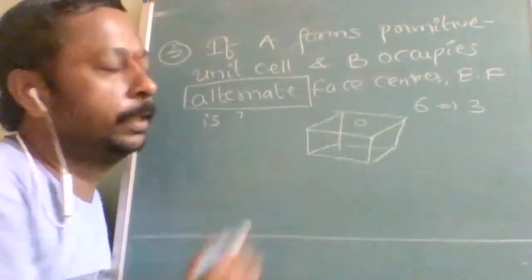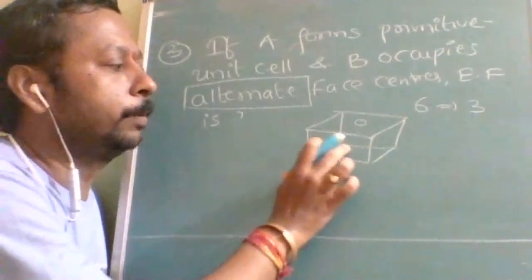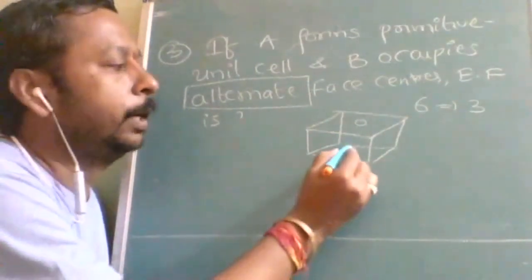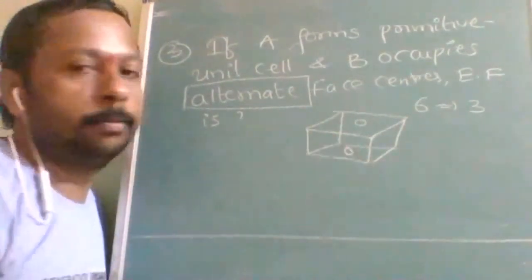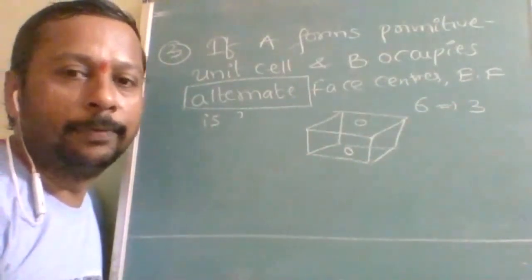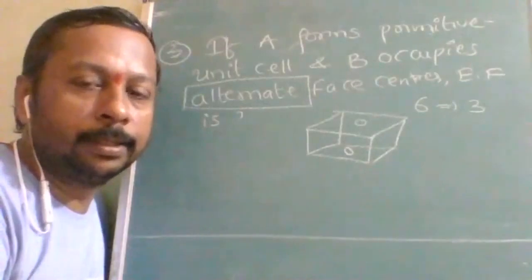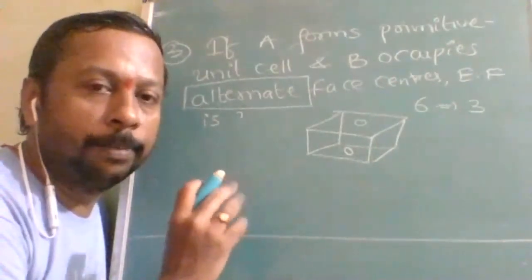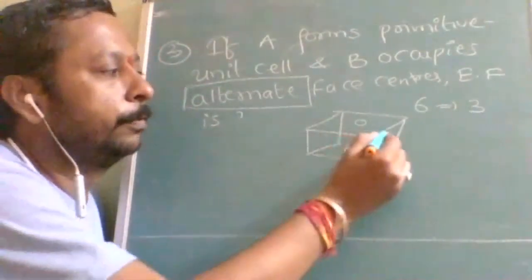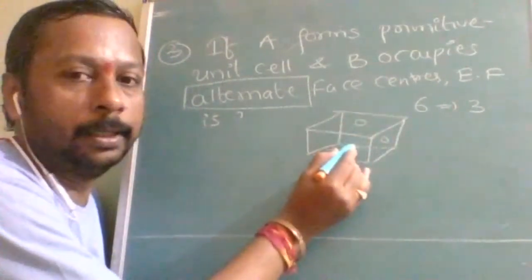Because if I keep one lattice point on the top surface and the other on the bottom surface, where will I keep the third one? If I keep it anywhere else, the alternate property will be lost. Suppose I keep it here, it is not alternate.